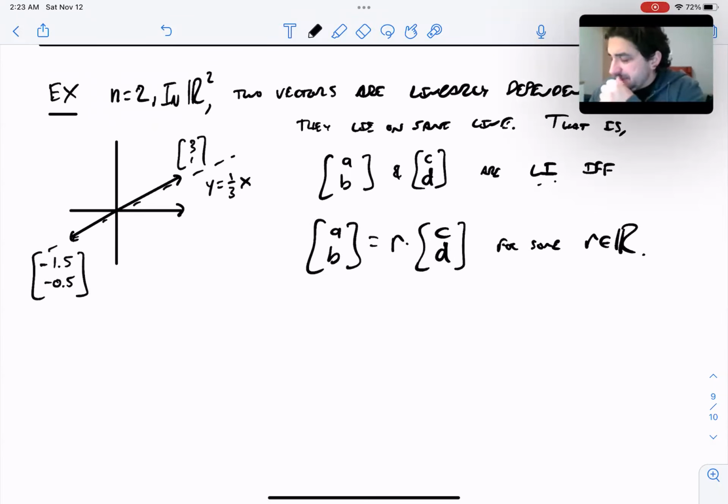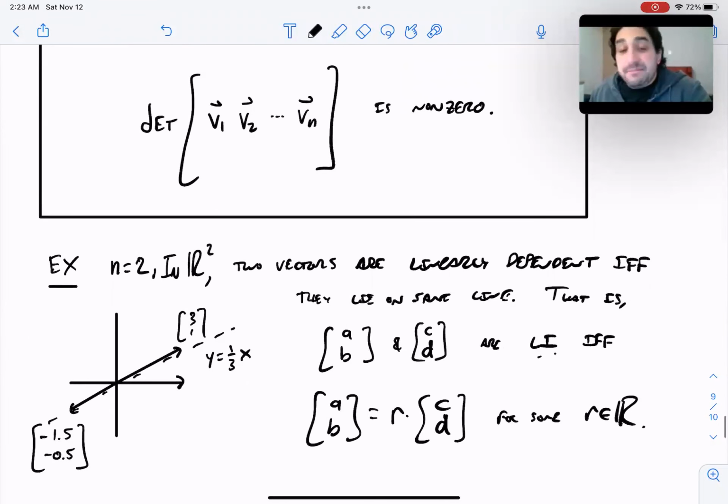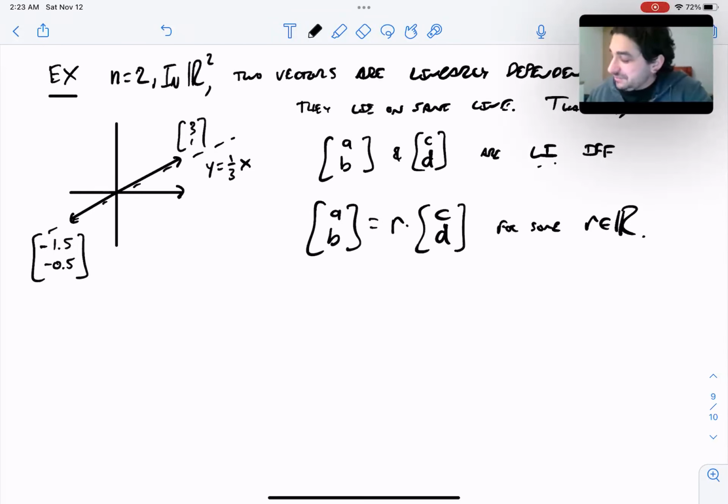But look what we want here. I want linear independence to be equivalent to some quantity being non-zero. I want linear dependence to be equivalent to some quantity being 0, right? So how can I say that? What would have to be 0 if this were the case?